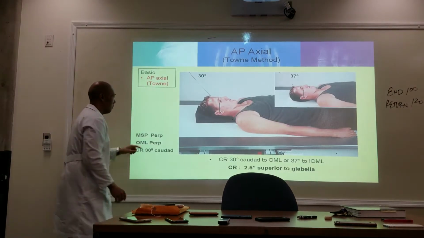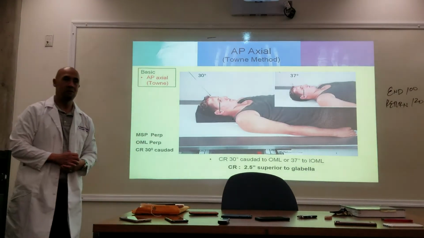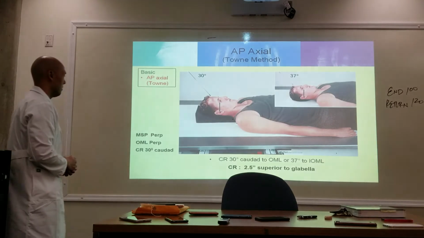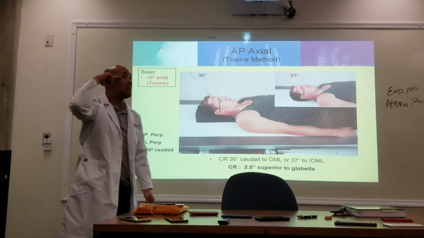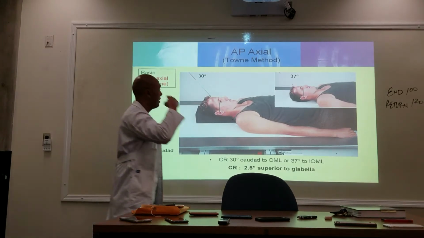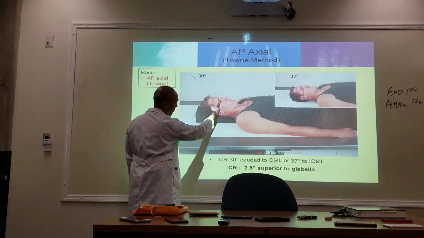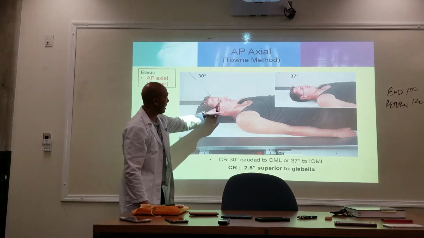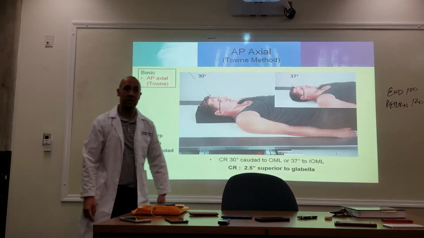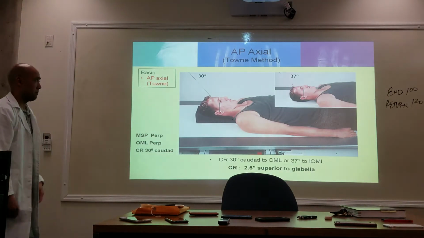Then their OML. What does OML stand for? Orbitomeatal line. The orbitomeatal line goes from the outer canthus of your eye to the meatus, which is the opening of the ear. This has to be perpendicular with the image receptor. Okay?